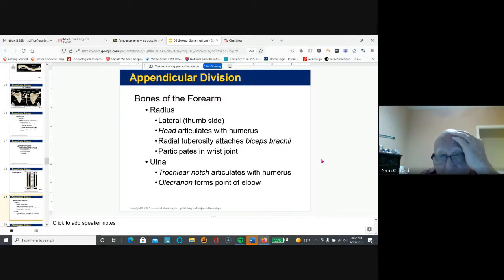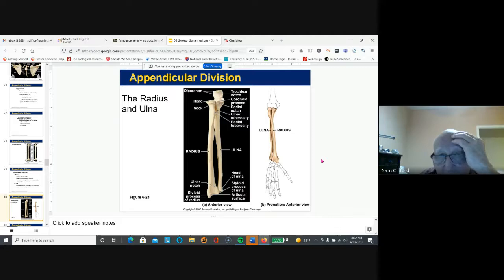Then we have the radius and ulna. Use WebAssign to determine what bone markings you have to know. I'll emphasize the head, the neck, the styloid process.